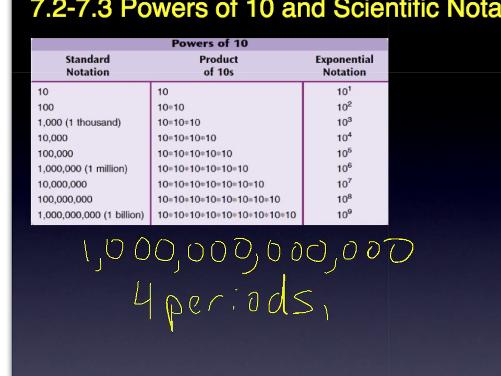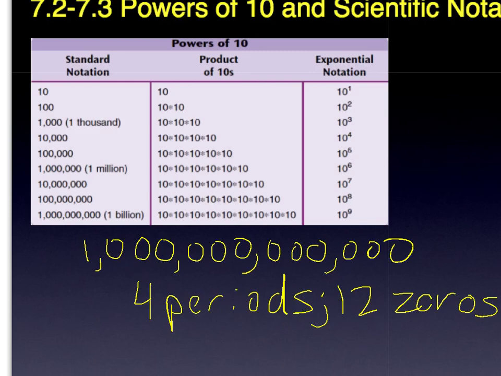And how many zeros? There's 12 zeros. So for 1 trillion, how many times am I multiplying 10? Since I have 12 zeros, I'm multiplying it 12 times.